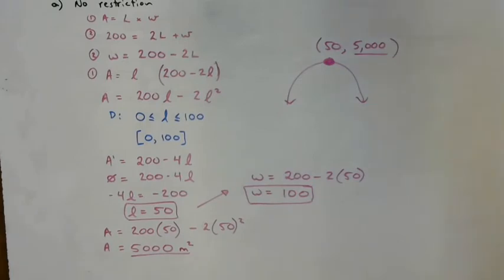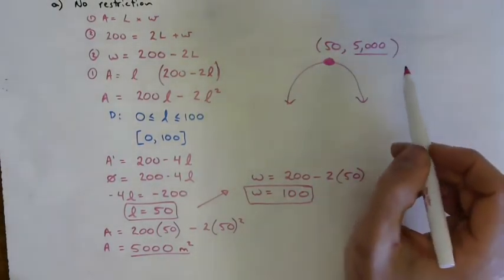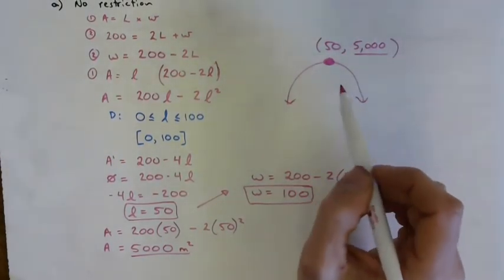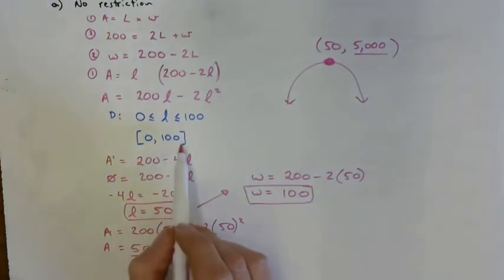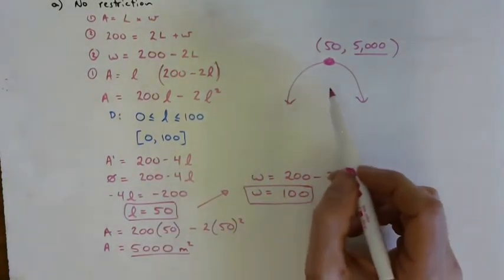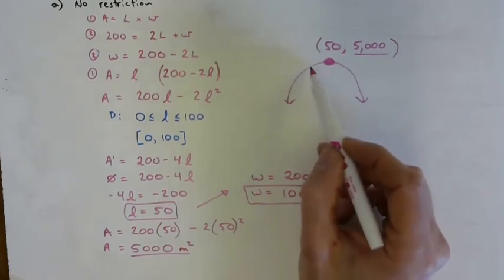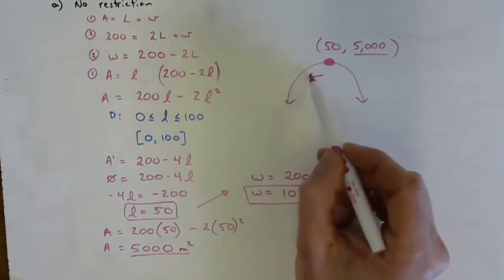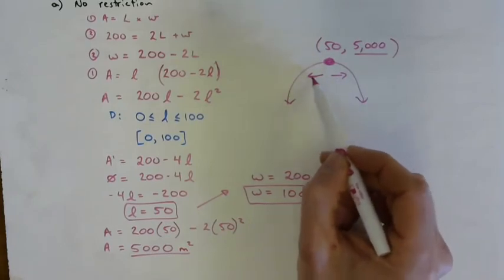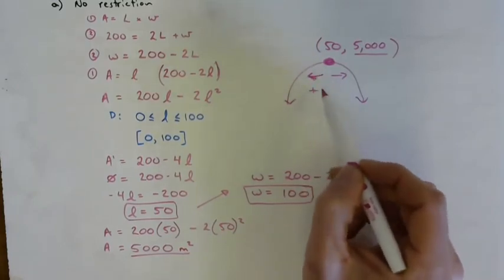And then we'd want to check that it actually is the maximum within the interval that we're talking about, from 0 to 100. There's a couple ways we can do this. You could test the first derivative to the left of 50 and to the right of 50. You'd find out that it's positive here and negative there.